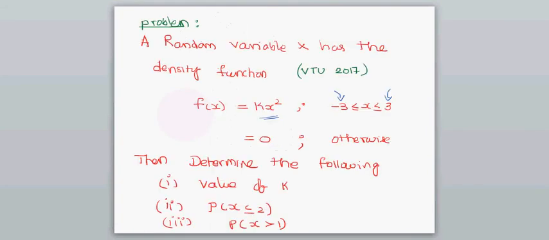The second question: probability of x less than or equal to 2. Next question in this, finding probability of x less than or equal to 2. In case of a continuous random variable x, we have to evaluate the integral in which the upper limit is denoted by this value, 2.